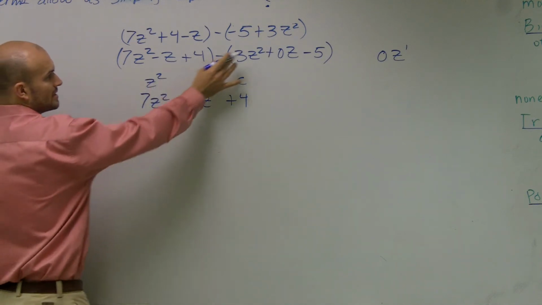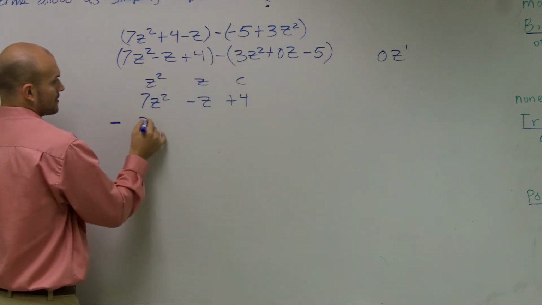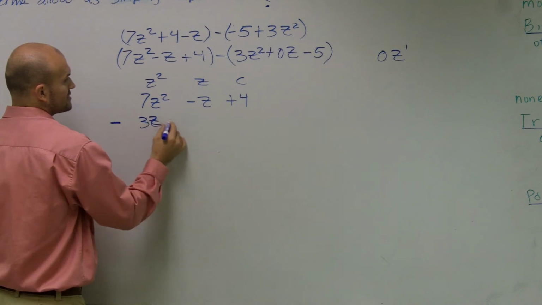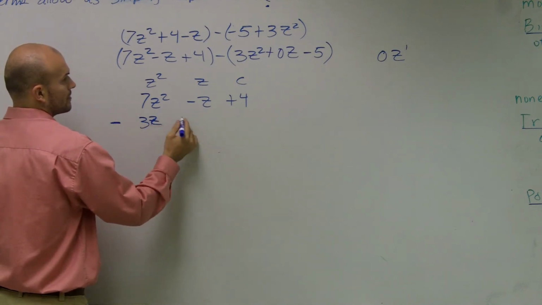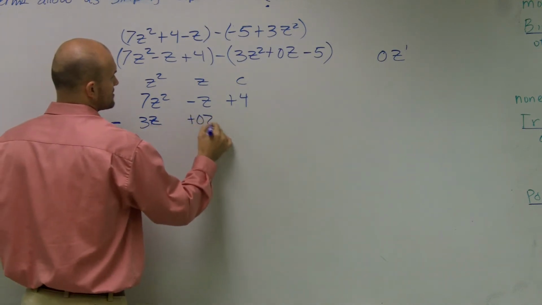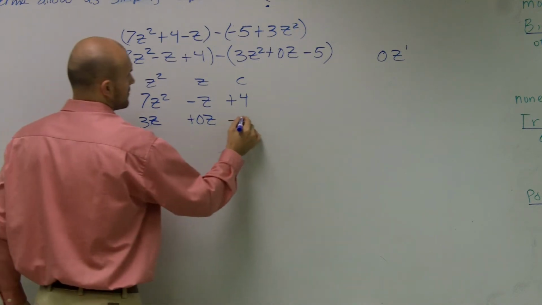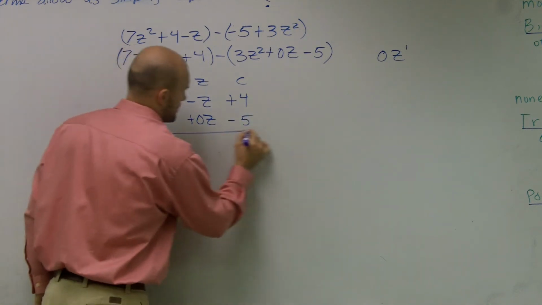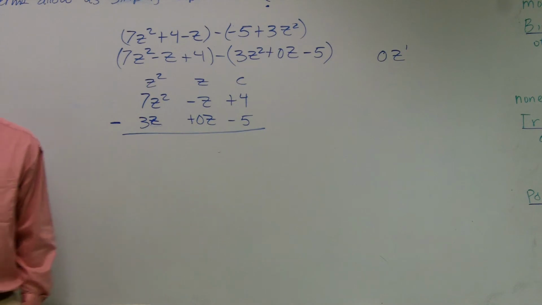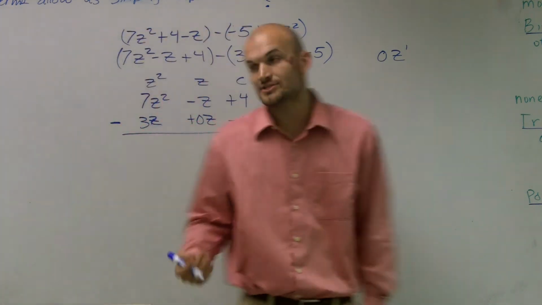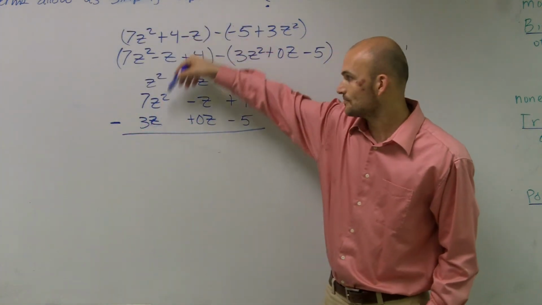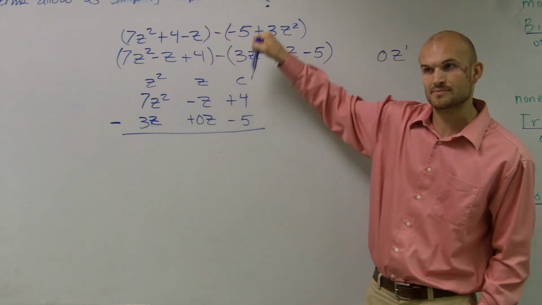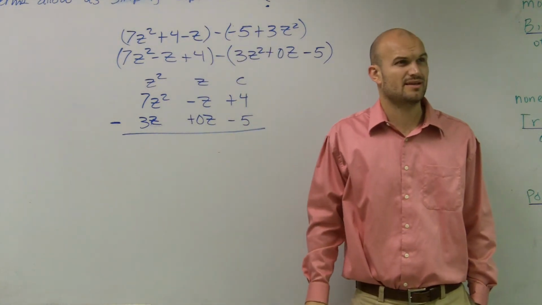Then the next one, I'm just going to write minus 3z squared plus z minus 5. So just like when you first did subtraction, I created vertical subtraction problems with all the like terms. Does everyone see how I did that?